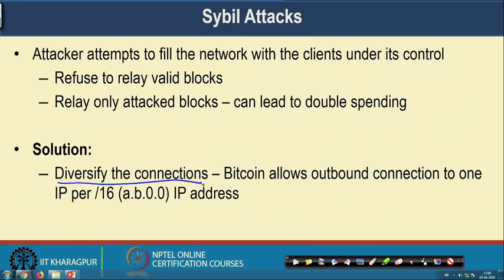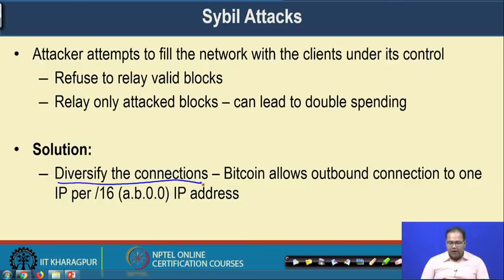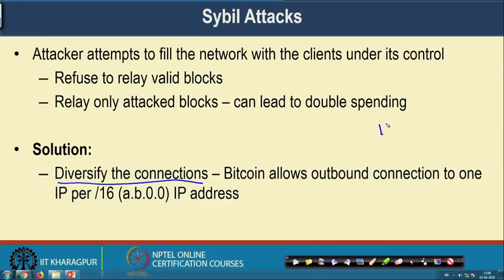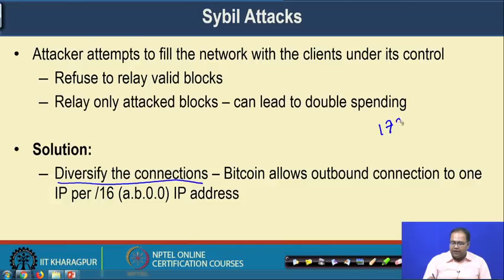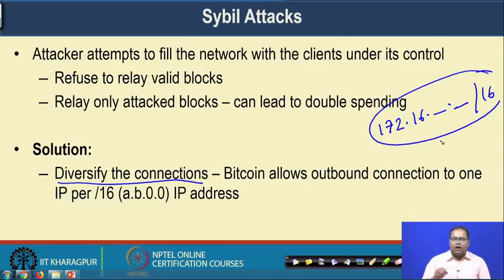Now, to solve this problem, the Bitcoin network applies a solution technique where it diversifies the connections. Bitcoin only allows the outbound connection to one IP per /16 IP address. So, if you have an IP address series like 172.16.x.x /16, in this entire network you can have at most one peer.